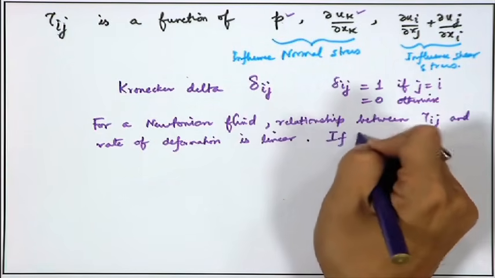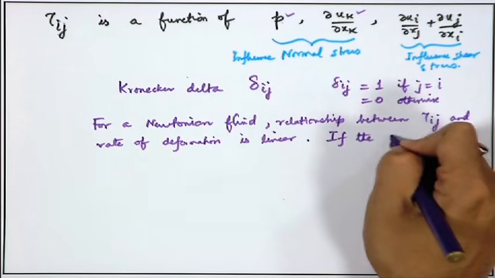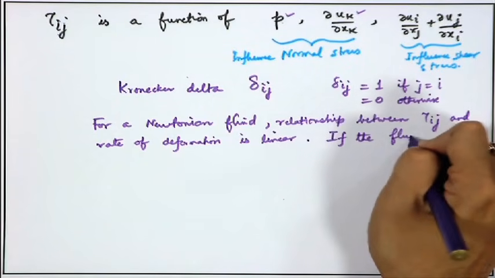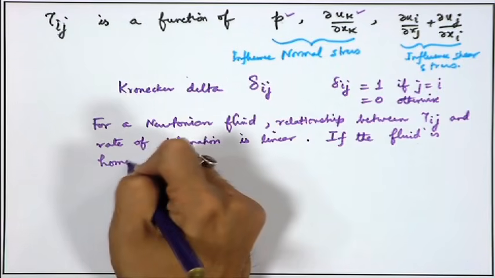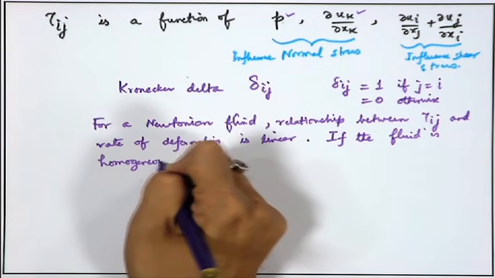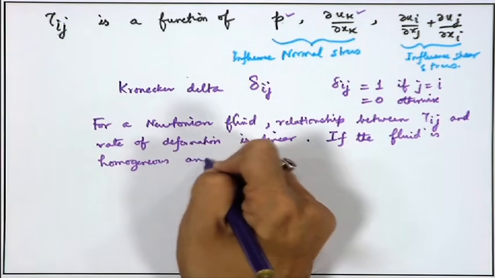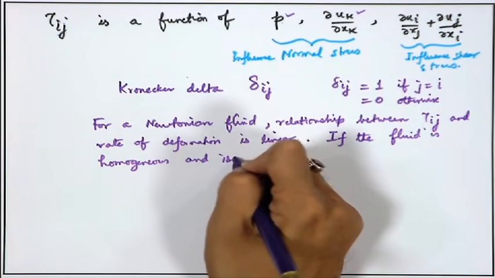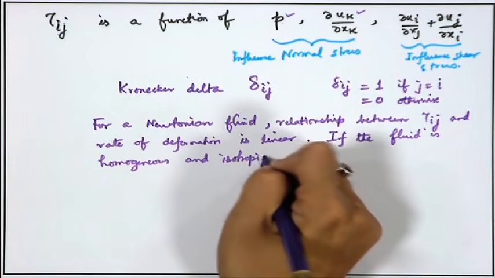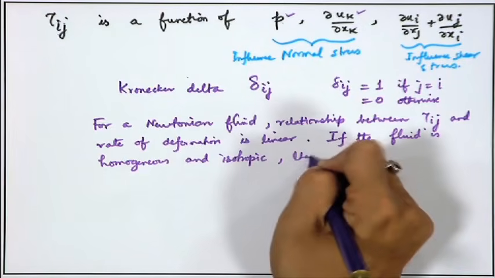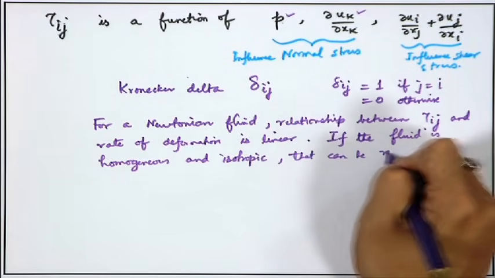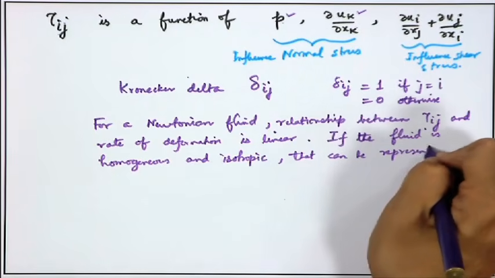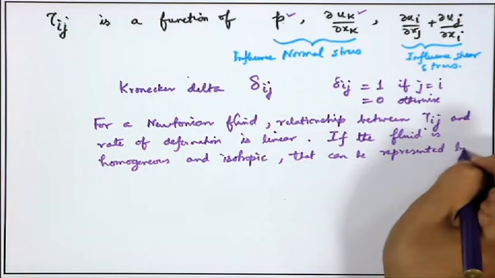If the fluid is homogeneous and isotropic, that can be represented by a fluid property called viscosity.